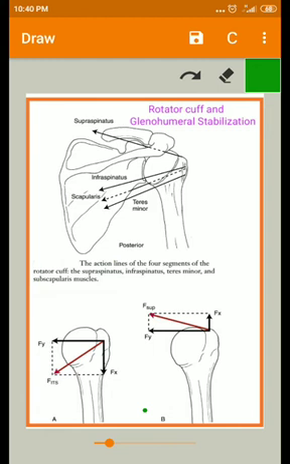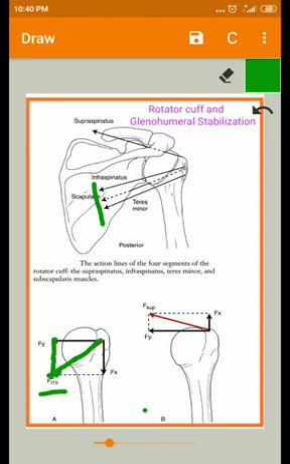So all these 3 are taken as a single force component, which is called ITS. The resultant force of all these forces is mentioned here, that is the resultant force vector of ITS, not the supraspinatus. If you resolve this force into 2 components, one is the rotatory component and the other is the translatory component.